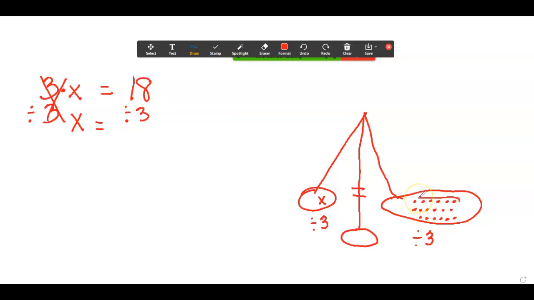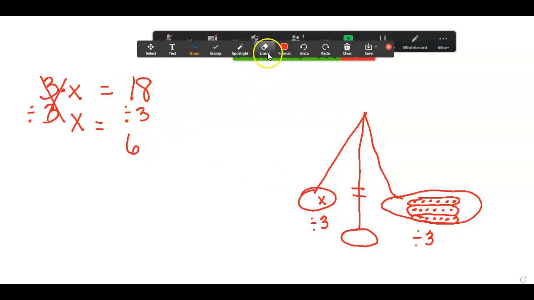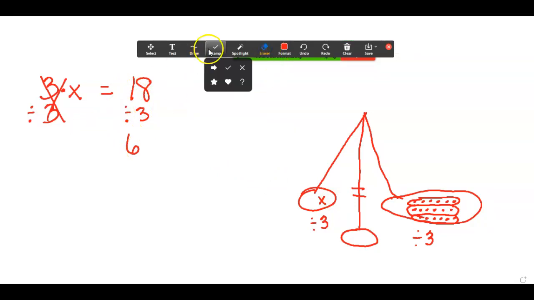Well, if I do that, I can see that then I have 6 in a group because 18 divided by 3 is 6. Okay, so x equals 6.